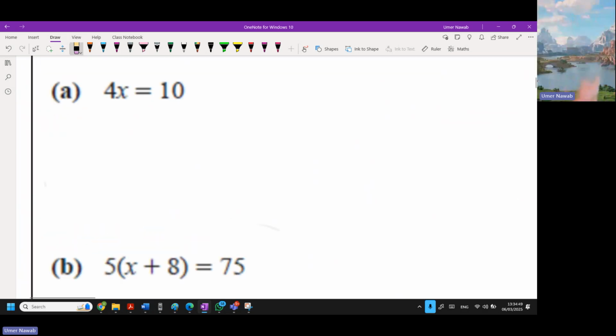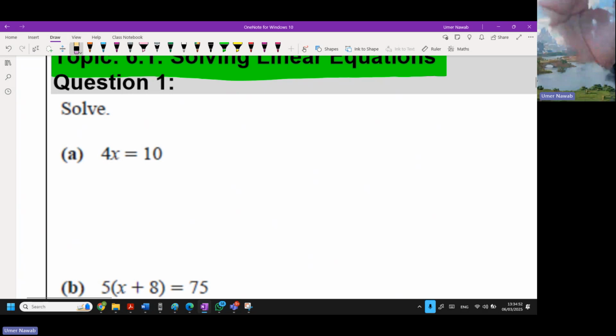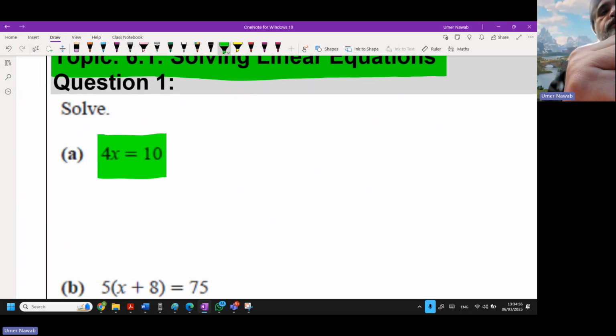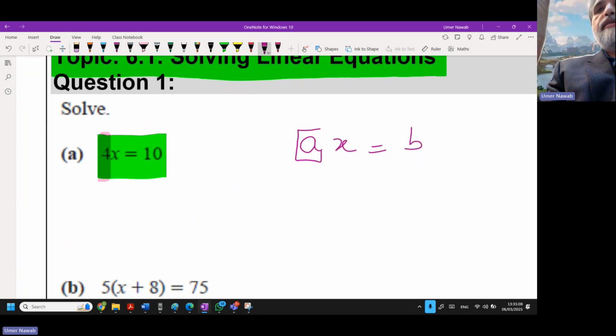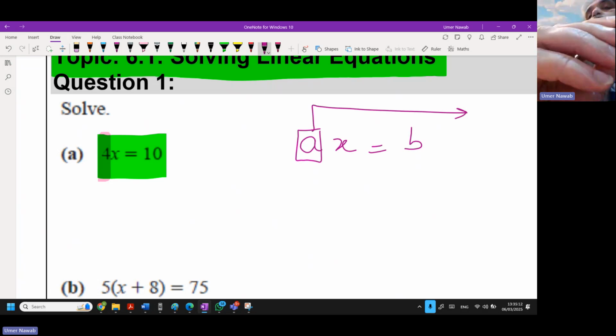So how do we solve the linear equation? As you can see, he has written 4x is equal to 40. Now this 4 is multiplying. In mathematics, if something is multiplying on one side, when I send it to the other side, we have to do the opposite operation of multiplication because it is multiplying with x.